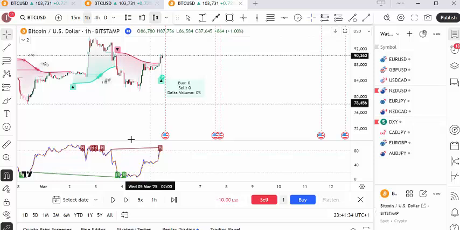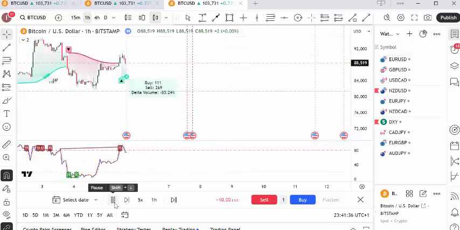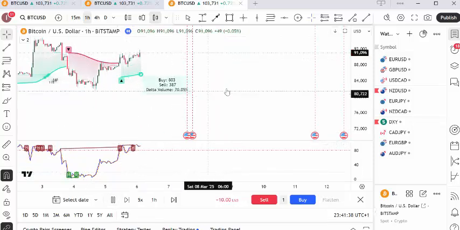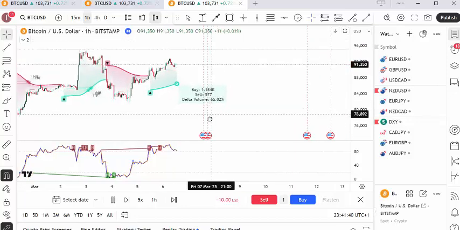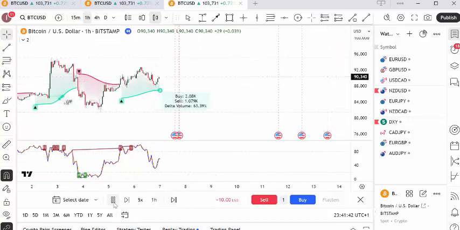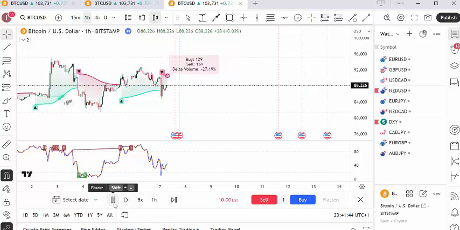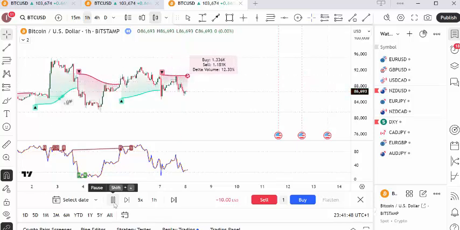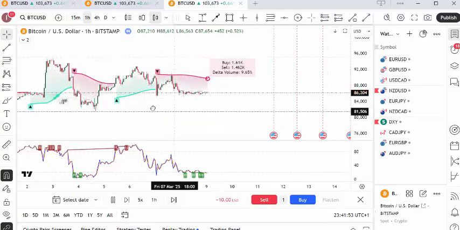Market is bullish right now. Nothing. Bearish. Wait for bear.